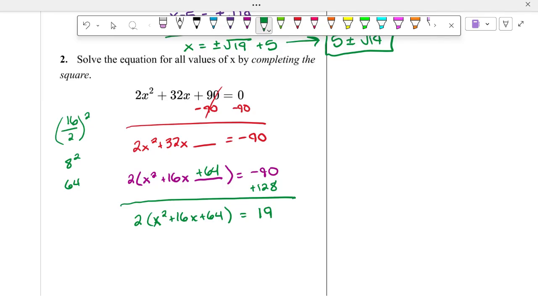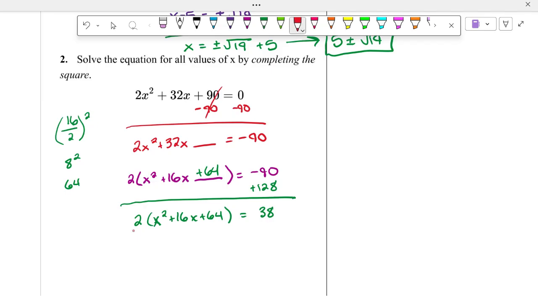I'm pretty sure that's 18. That's 38. Okay. I was about to say, it has to end in an 8, not a 9. How do you get 128? You have to multiply 64 by 2.